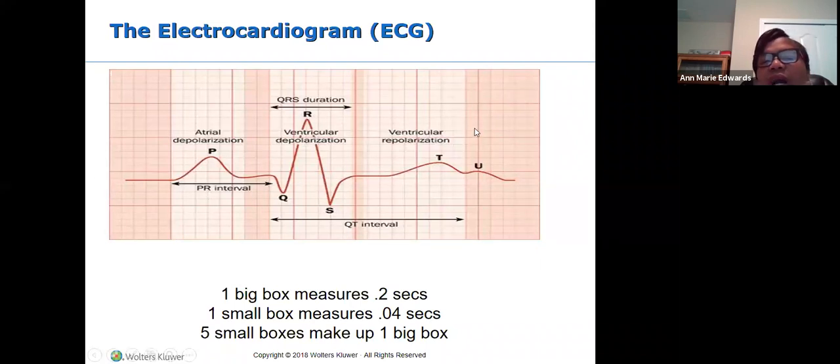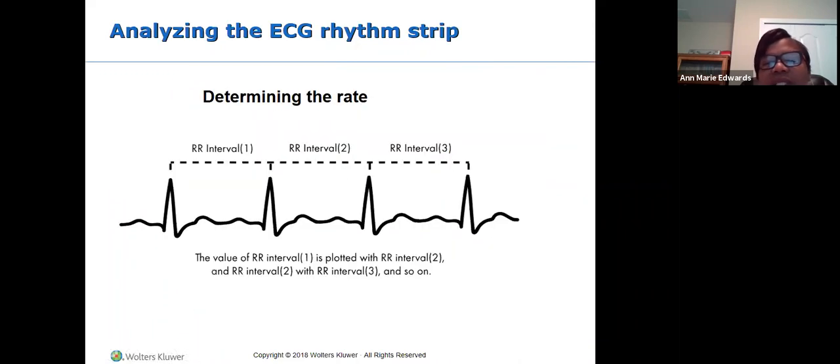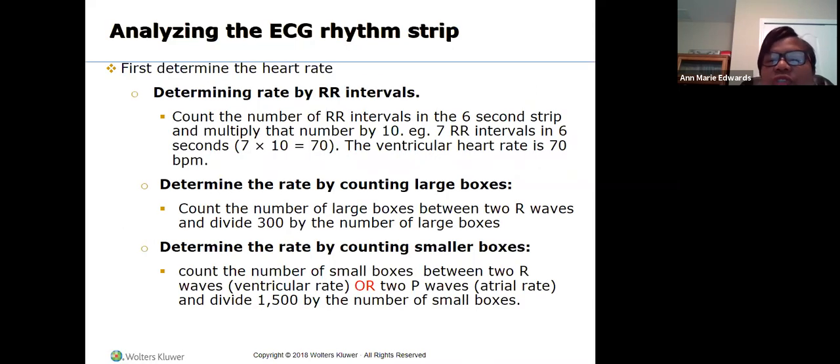Say you had another R wave. After this, you'll have your P and then your R, okay? So you count the number of large boxes between 2 R waves, which would be this. So you count the number of large boxes and divide 300 by the number of large boxes to get your heart rate.